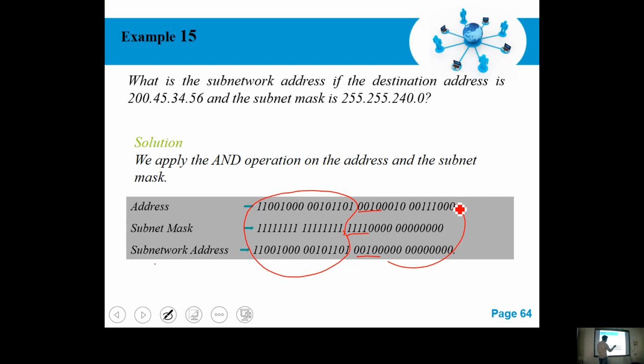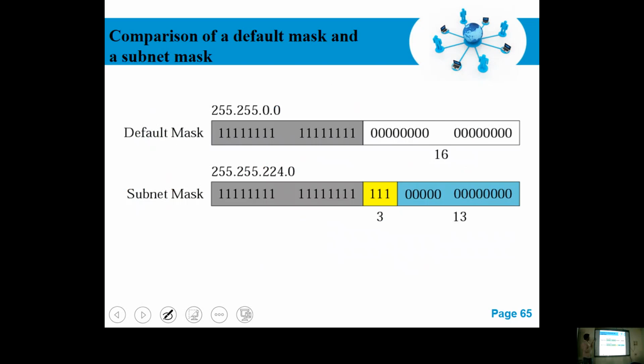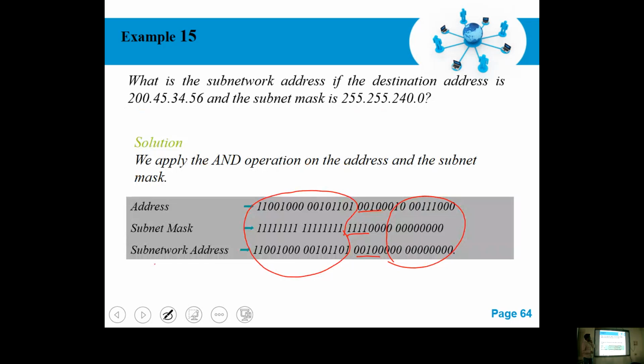Remaining positions, I will be considering zeros. And if I convert back into dotted decimal, we will be getting 200.45.32.56. So if I have network, the starting address will be the network address. If I have subnet, the starting address will be the subnetwork address.